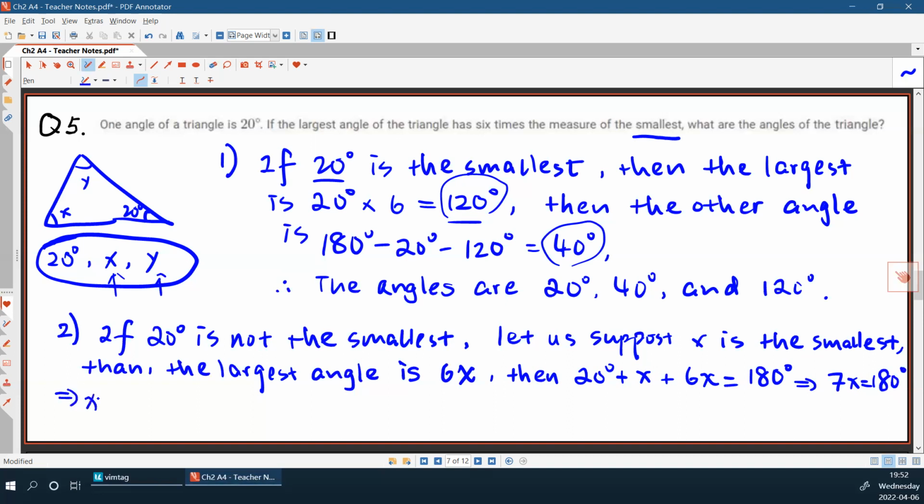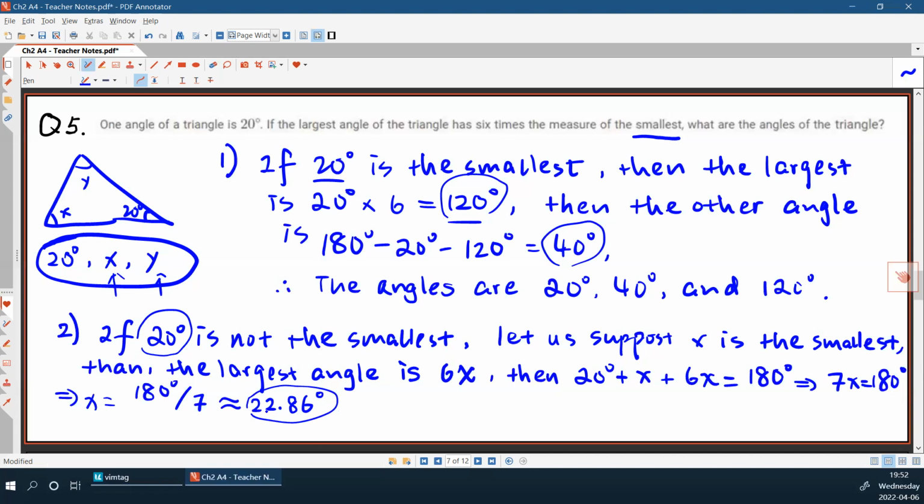That means x equals 180 degrees over 7, which is approximately 22.86 degrees, right? Therefore, in this case, one of the angles is 20 degrees. The other angle is 22.86 degrees.